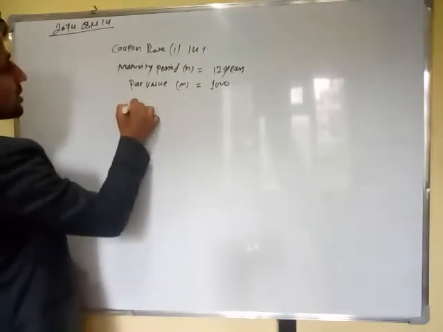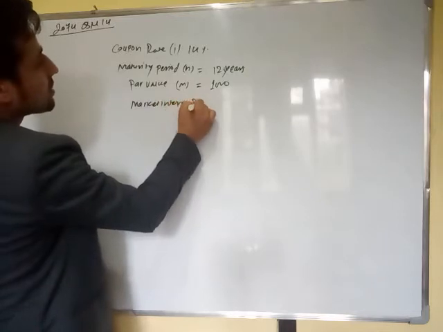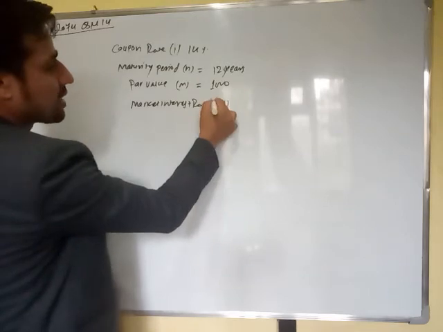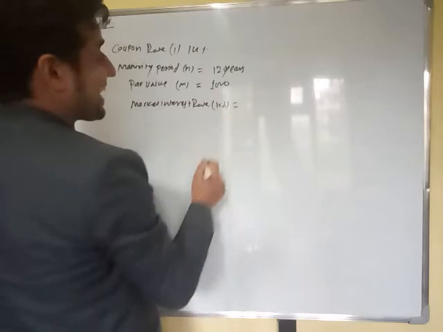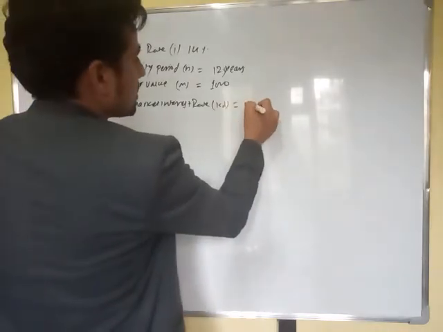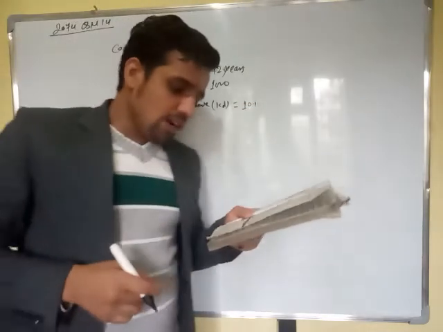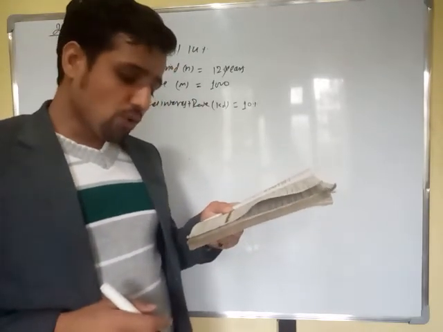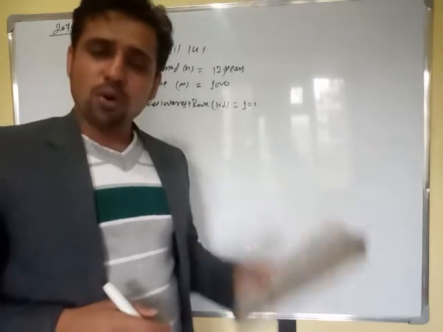Market interest rate is called KD, cost of capital, or K, is equal to 10%. Next, calculate the value of each bond, the present value of bonds. If bonds are selling at 1100, would you purchase the bond?